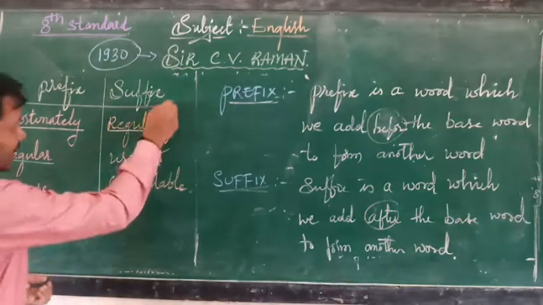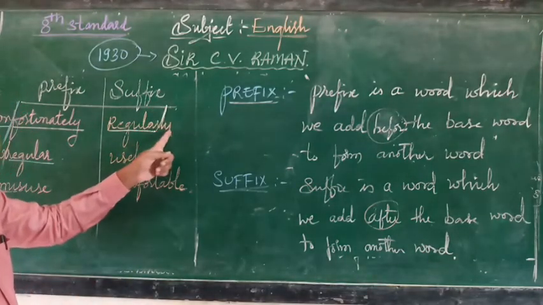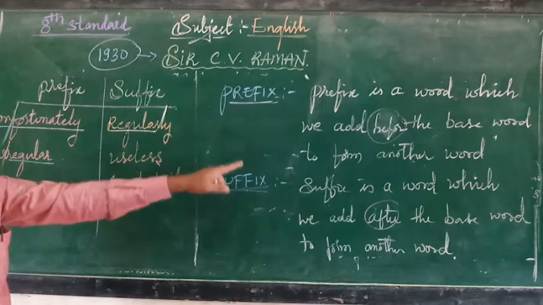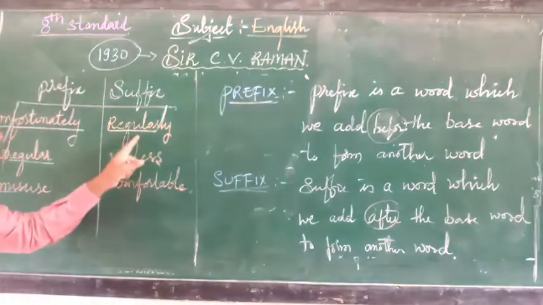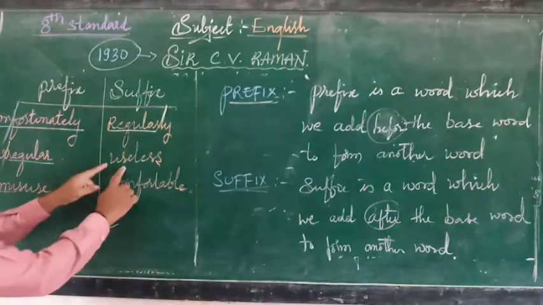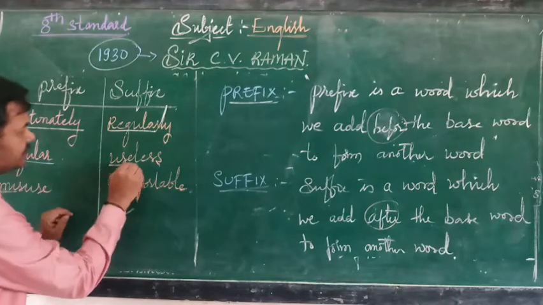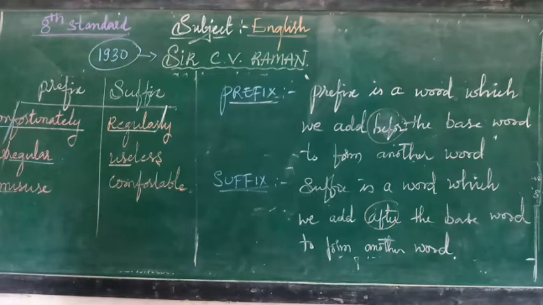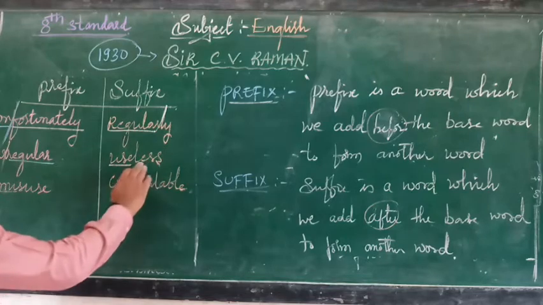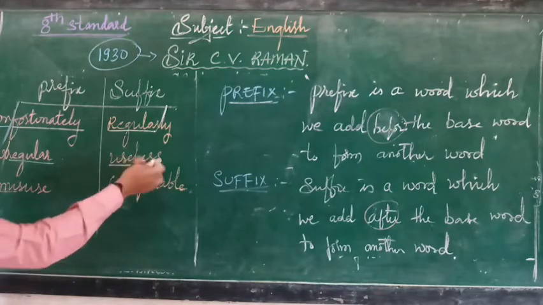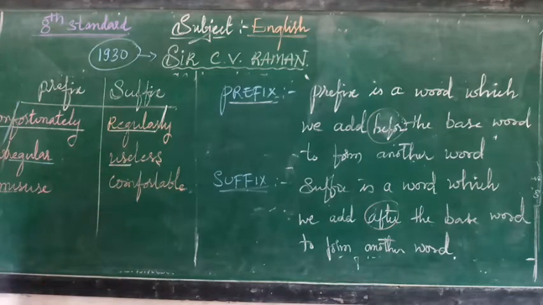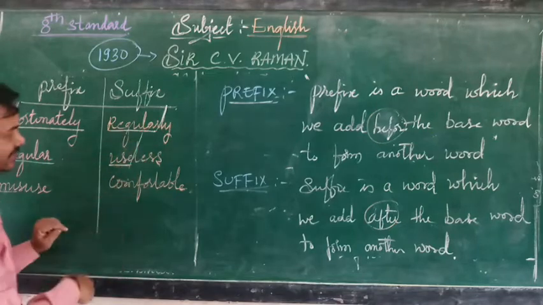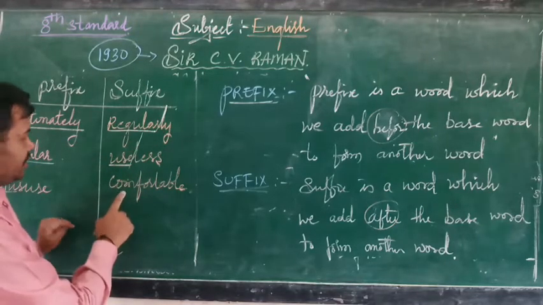Ly is the suffix to regularly. Second one, use is the base word. See, after adding less to the base word, it has changed into useless. And less is the suffix.